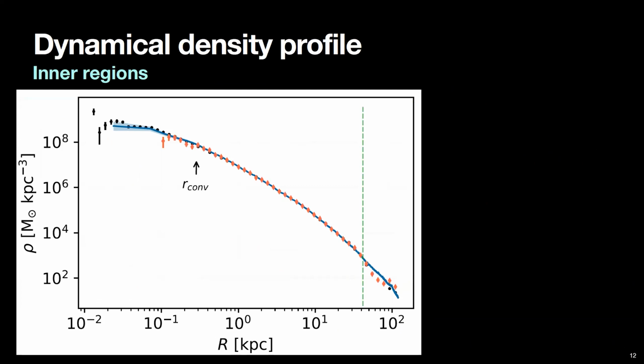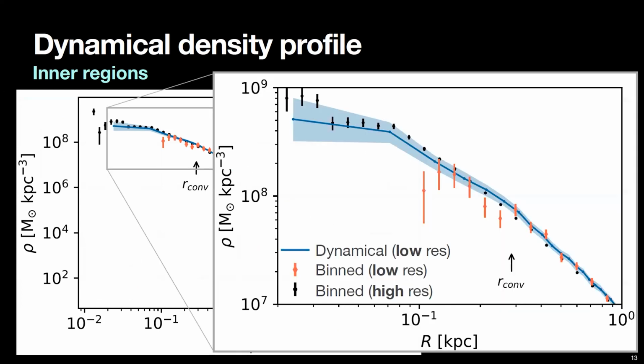So let's go back to our example now, and we can focus a bit more on the inner regions. So this is just a zoom of the inner regions of the example halo. And what we see straight away here is that our density estimate, the blue line, which is at the same resolution as this red point, extends further in radius compared to the bin estimate, the traditional bin estimate.